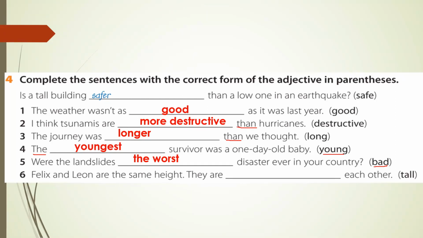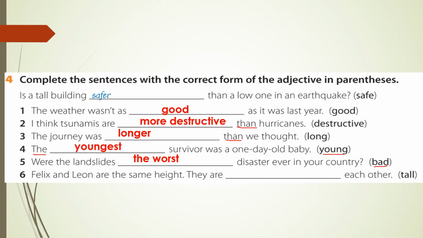Number 6, Felix and Leon are the same height. This structure here helped me to say that I'm comparing equal parts. Felix is a person, Leon is a person, they are at the same height.